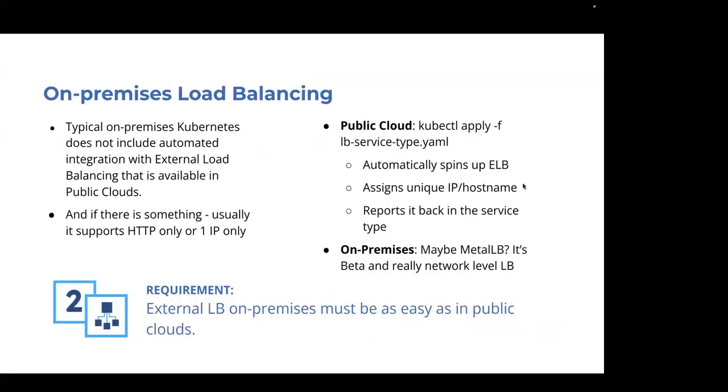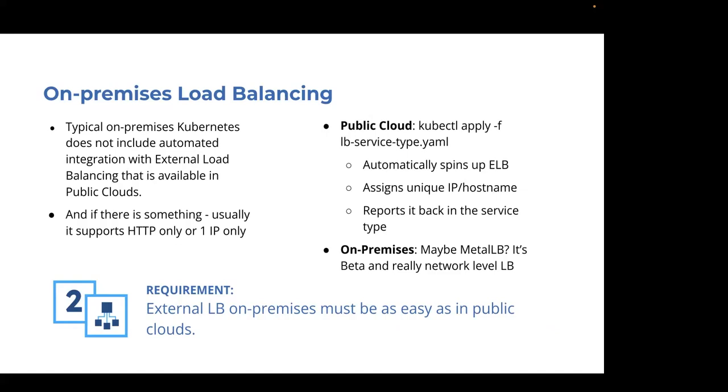The second problem, and this is part of the topic of this webinar, is on-premises load balancing, right? It's actually really easy in the public cloud. You create a service YAML file, you give it a type LoadBalancer, and you apply that.